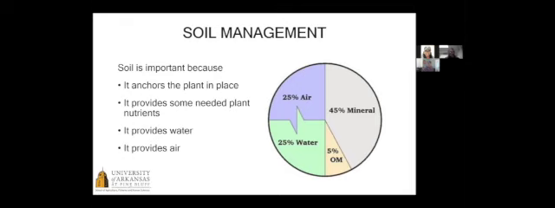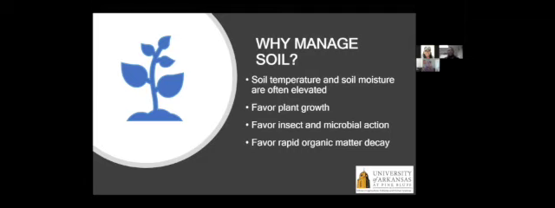And then there's the organic matter. Soil is made up of 5% organic matter, which we like to refer to as the glue that holds these particles together. So that's what we look at when we look at our soil: 45% physical and chemical properties, 5% organic matter, 25% air, 25% water.